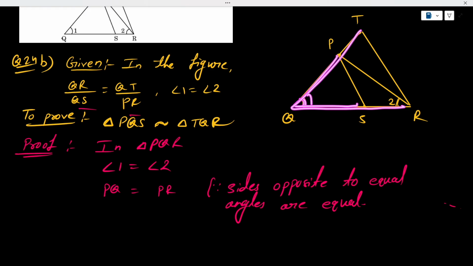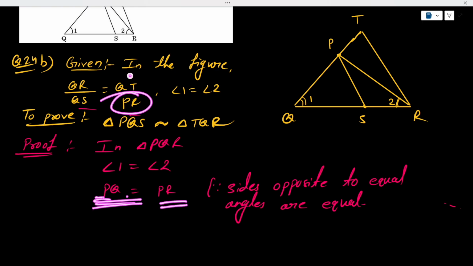Angle 1 is the common angle, so one of the angles is common. Then after that, QR by QS. Now look at this ratio, QR by QS is equal to QT by, it should be QP, but instead of QP they have given PR, but we got PQ is equal to PR. So we are going to use this.